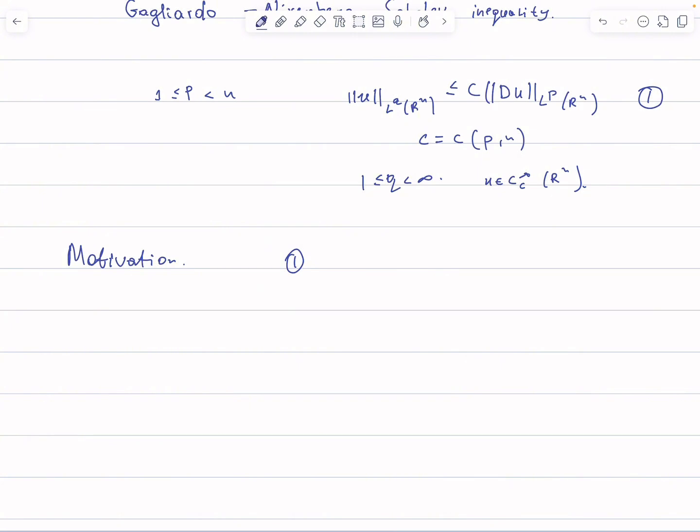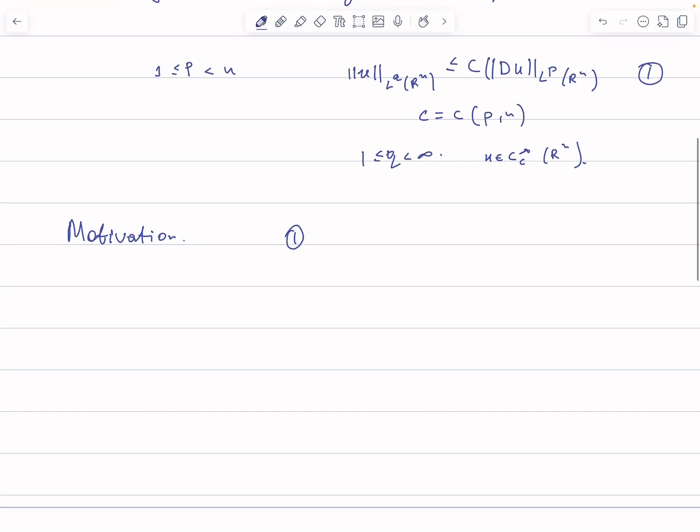Therefore, we have to find such q in a specific form. For this we choose u which is compactly supported and smooth in R^n. Also u should not be equal to 0, and u also cannot be constant, because the derivative of a constant is 0 and u is not 0, so the inequality would be incorrect.